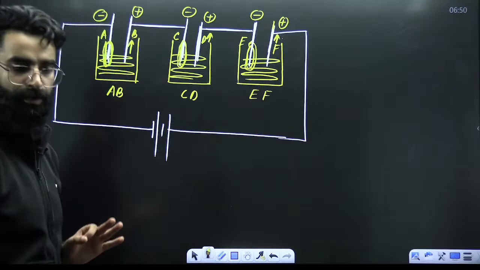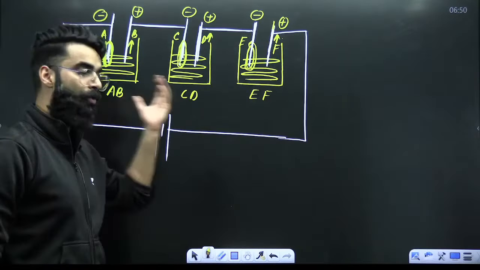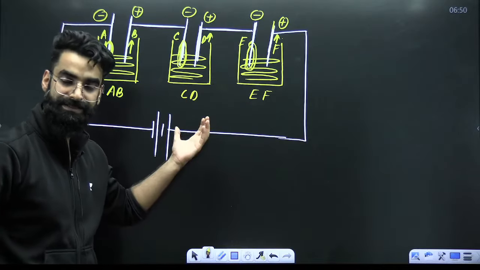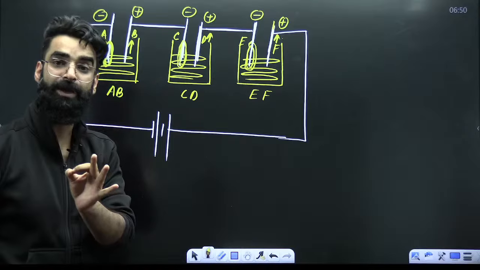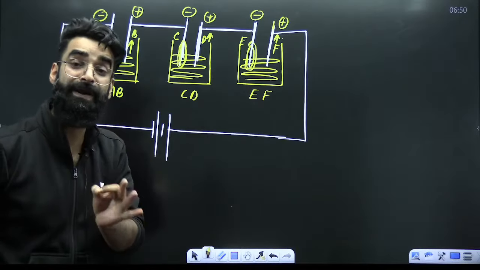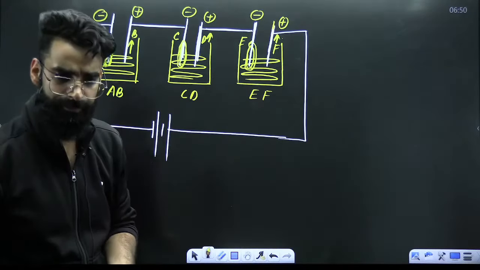Now, as per Faraday's second law, whenever you have two or more electrolytic cells connected in series, containing different electrolytes, the gram equivalence deposited or liberated at every electrode will be the same.